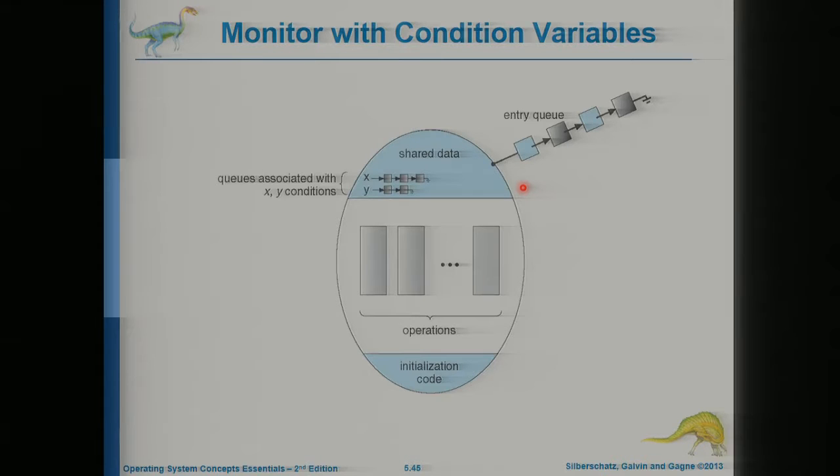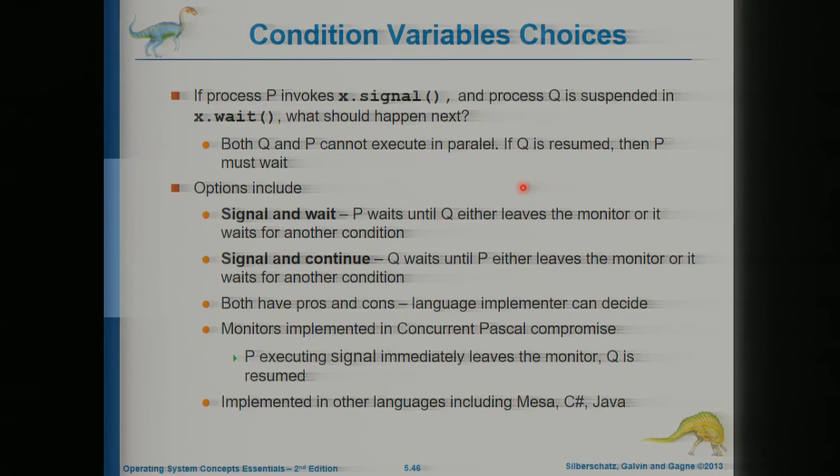Any process waiting for x is queued for x, and when another process does x.signal, the next process from that queue is put into the monitor for execution. Similarly for y. In this case x and y have to be two different types or groups of processes; they cannot be of the same group. So, conditional variable choices.